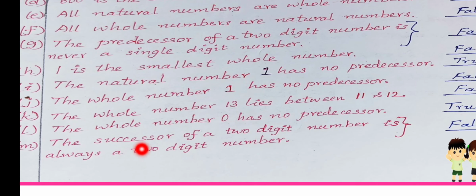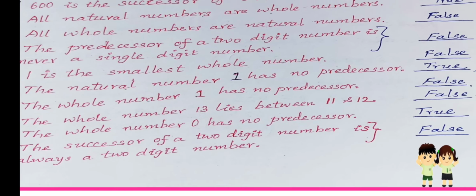It is given here that the successor of a two-digit number is always a two-digit number, but 99 plus 1 gives you 100. So this statement is false. A two-digit number plus 1 can be a three-digit number.